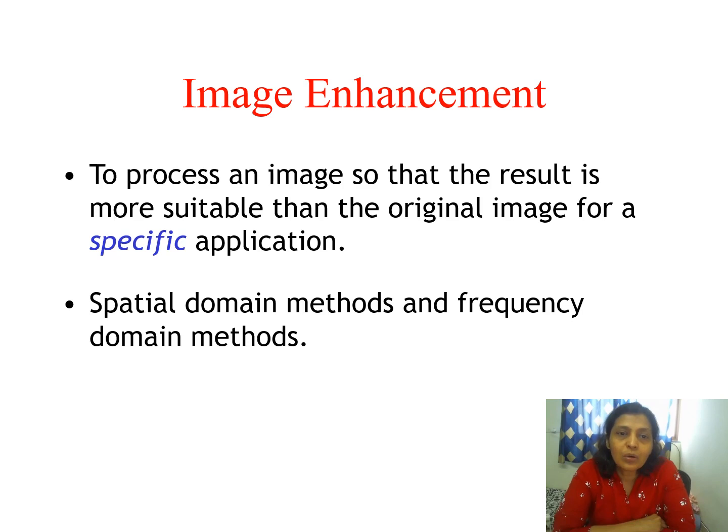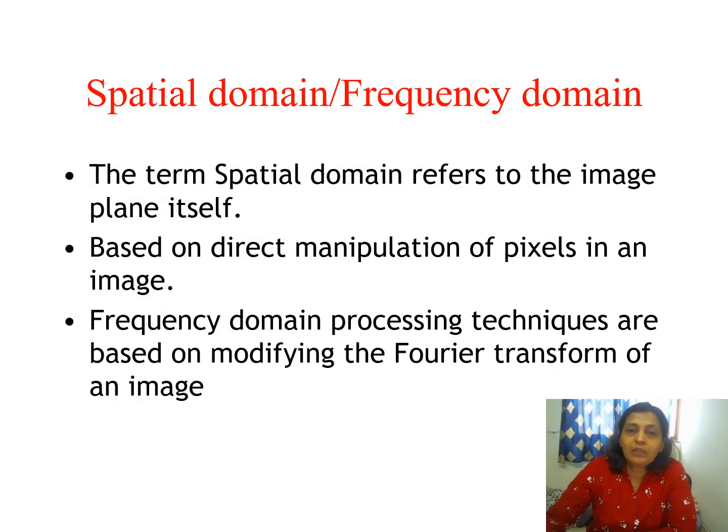Okay. So to process an image so that the result is more suitable than the original image, we apply some enhancement techniques. In spatial domain we are going to deal with the points x and y and the gray level value. As I mentioned just now, the term spatial domain refers to the image plane itself, just like a coordinate system.